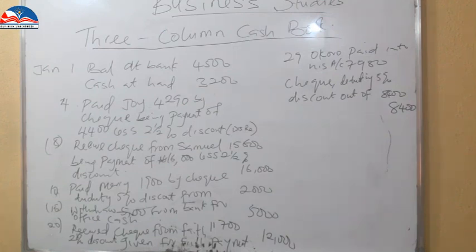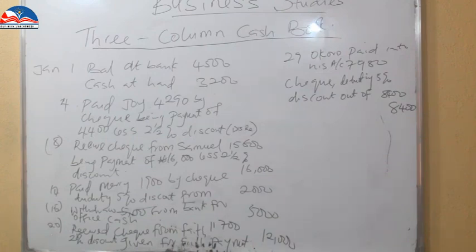On the 8th, he received a check from Samuel, 15,600. Now he's not paying out, he's receiving. And it's going to be for a payment of 16,000 naira. But Samuel has allowed a discount of 2.5%. And so, if 2.5% discount is calculated on 16,000 naira, you are going to have a discount allowed of 400 naira.